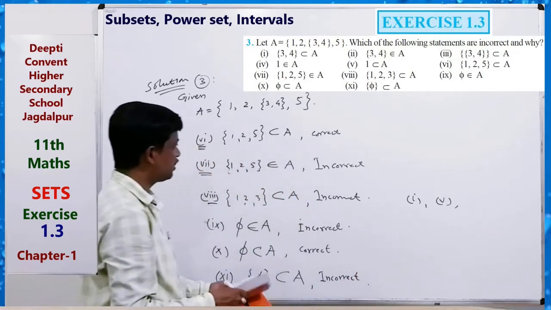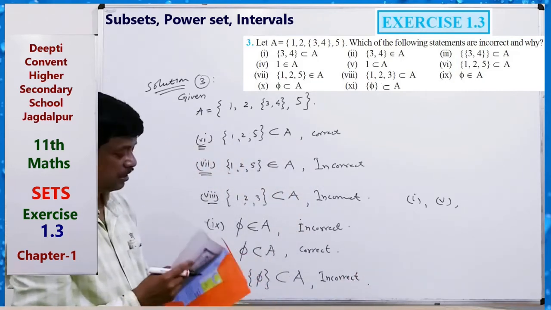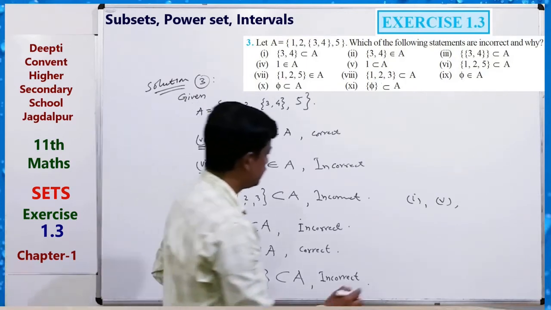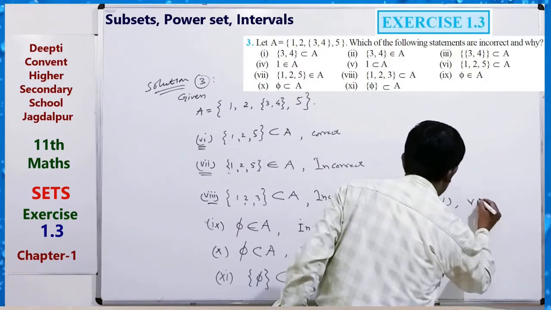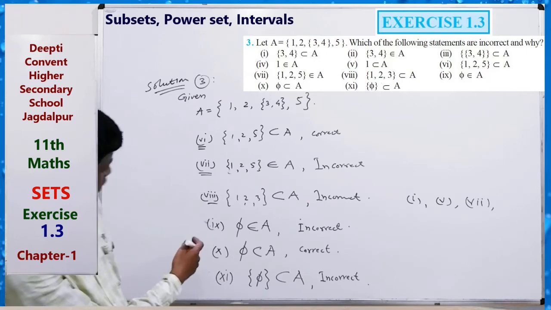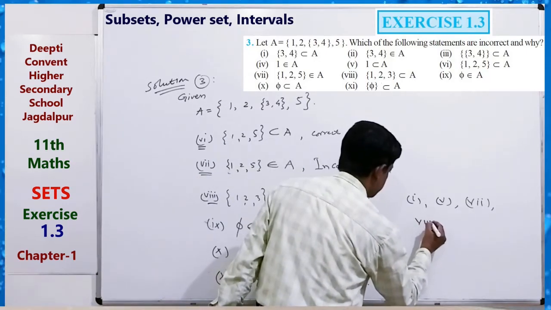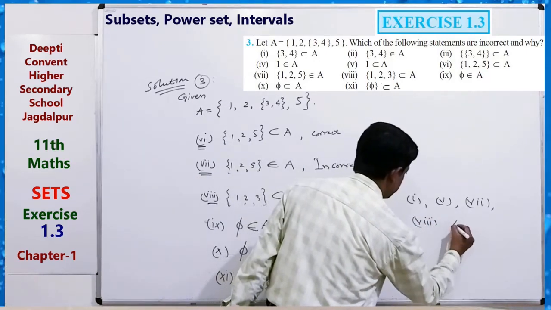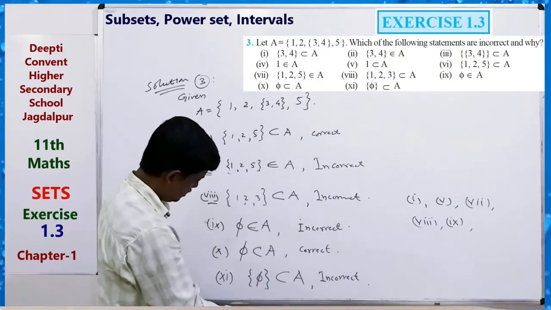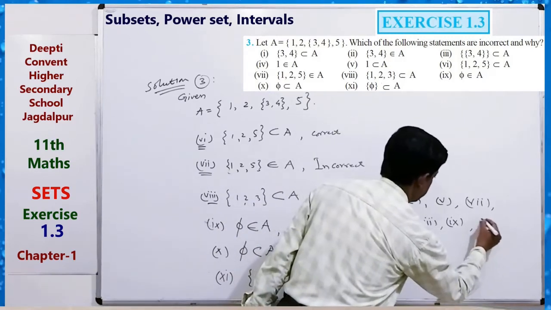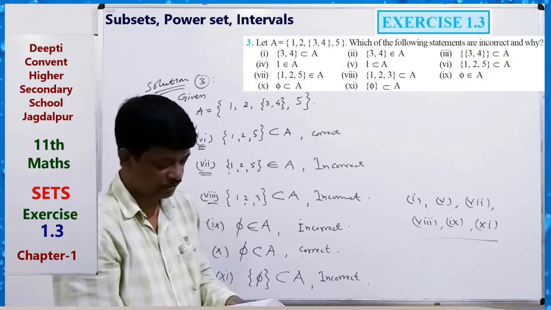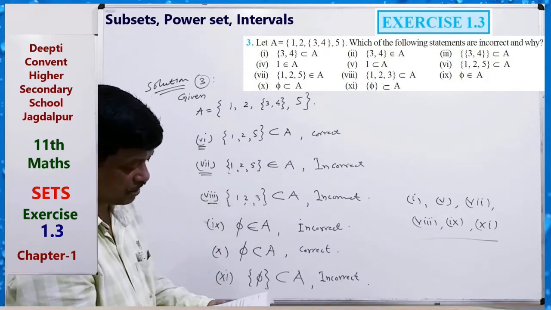Okay. So the incorrect statements are what? 1, 2, 1, 5, 7, 8, 9, and 11. 6 are incorrect statements. Okay, we can tell you the given answer.